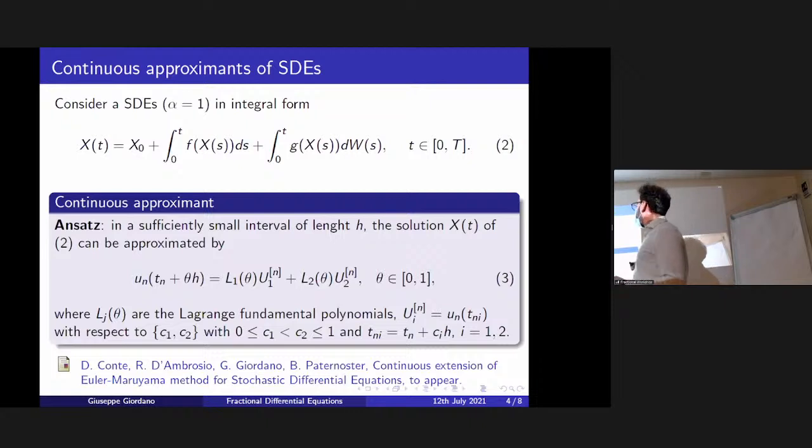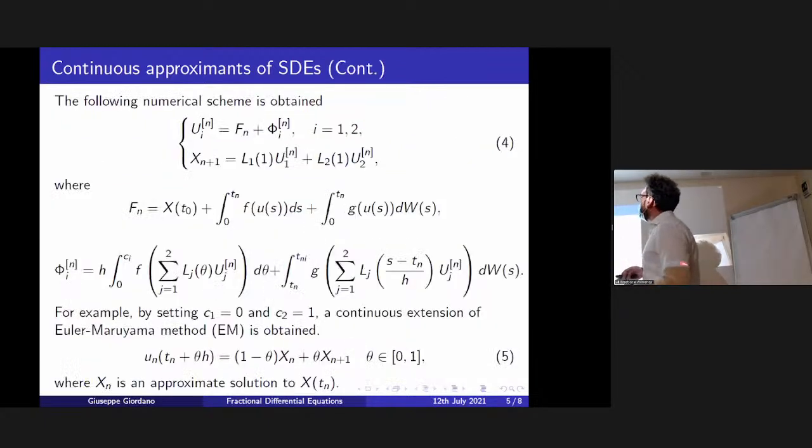Capital U1 and capital U2 are the values of the function UN in the collocation points T and I, where C1 and C2 are the so-called collocation parameters, with C1 lower than C2 and both between 0 and 1.